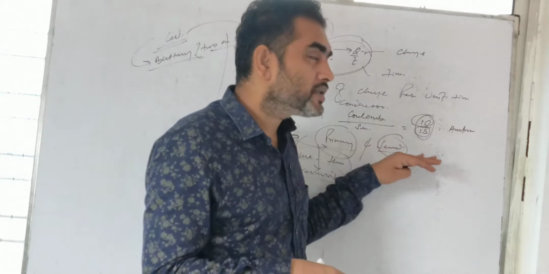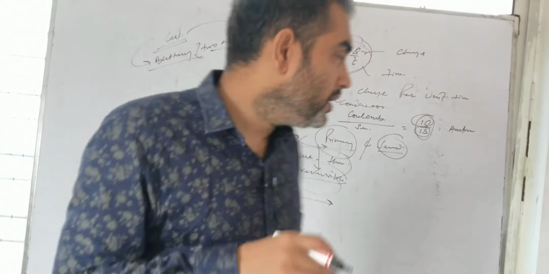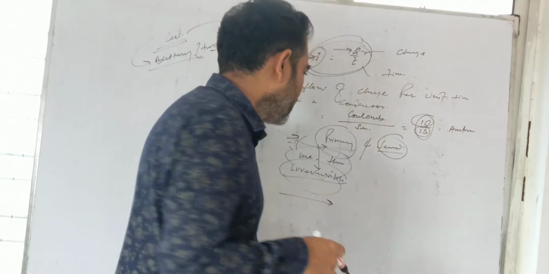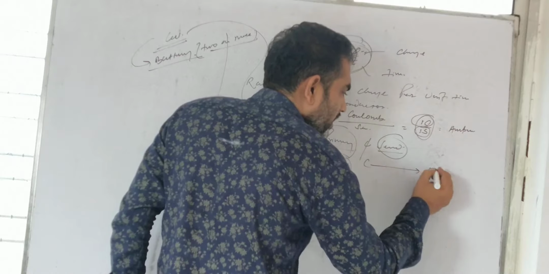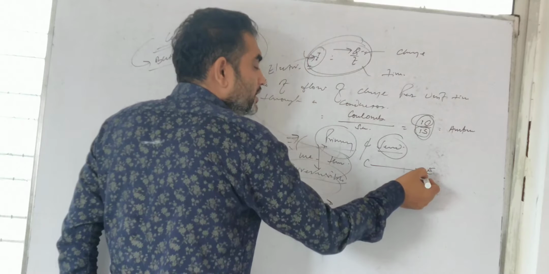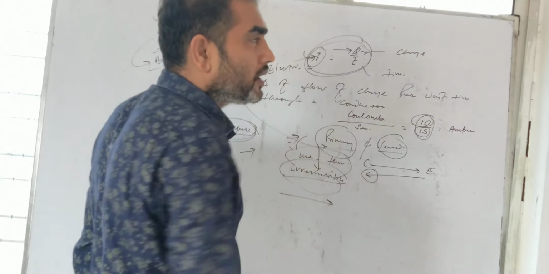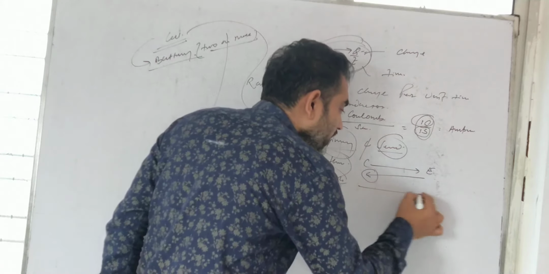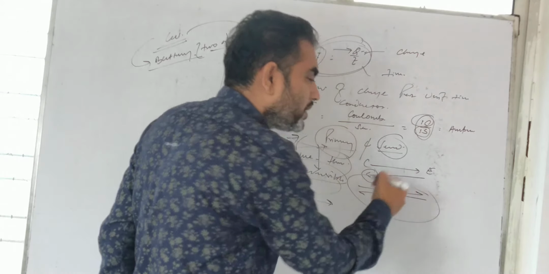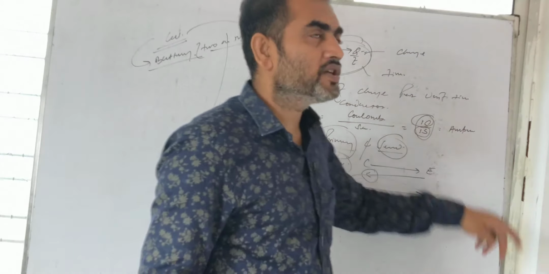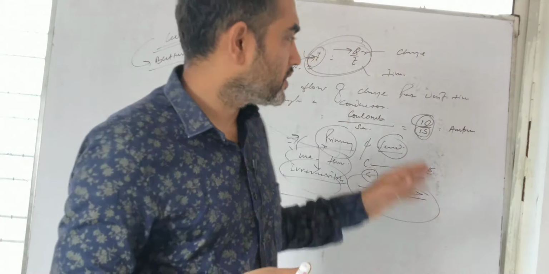In a secondary cell, the chemical energy fed to it gets converted into electrical energy, and again electrical energy can be fed to convert it back into chemical energy. So it is not an irreversible reaction, it is a reversible reaction. A two-way reaction takes place here, chemical changes into electrical and electrical changes to chemical.